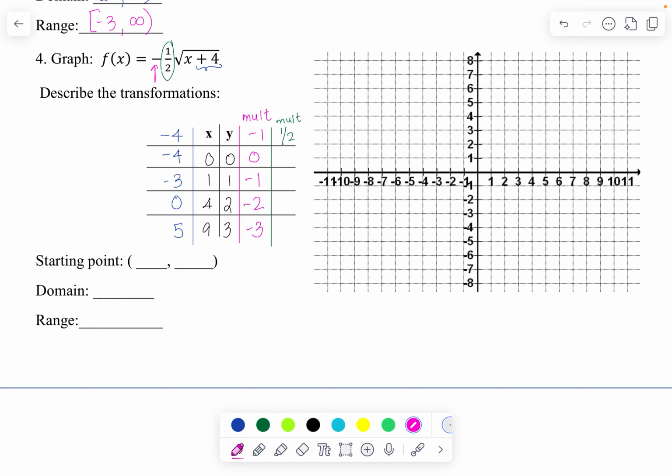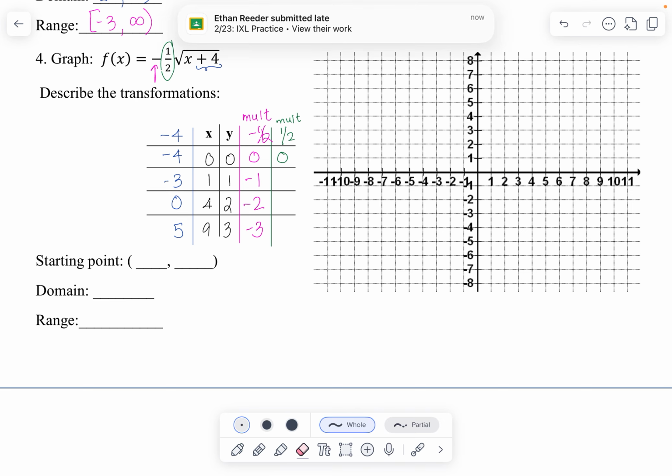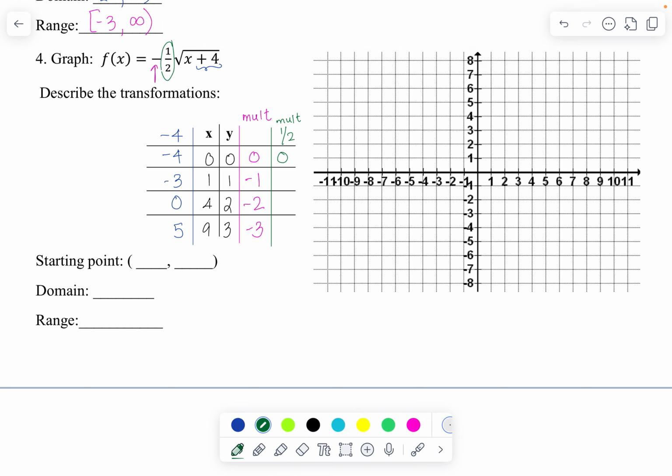There's my point. Then negative 3, negative 0.5, and 5, negative 1.5. Right there. Yeah, that's a really squished up square root graph. So notice how it curves down and to the right. You need your arrowhead. Nothing goes past this, so don't do that.